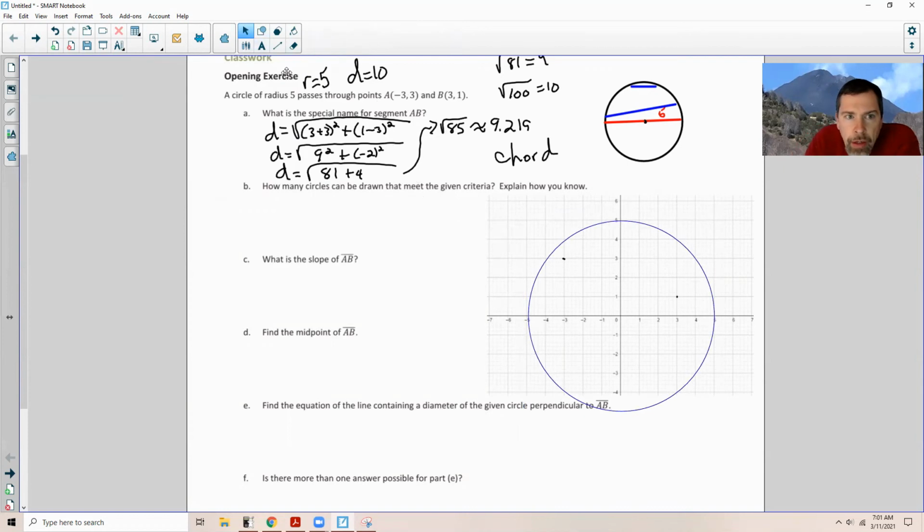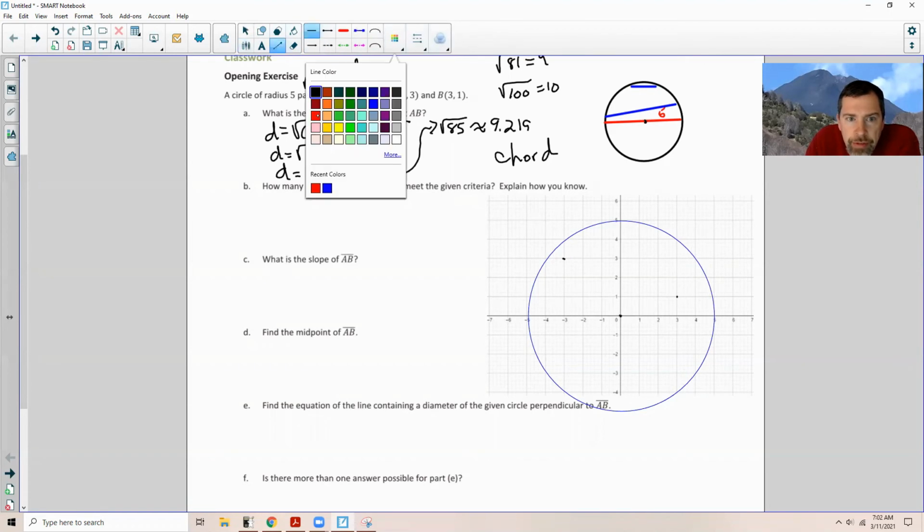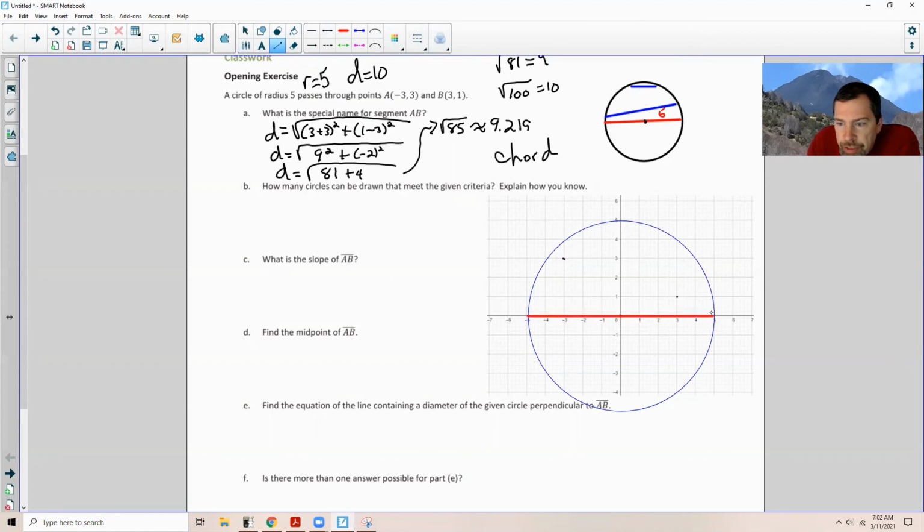Well, if it is going to touch this point and this point, let me draw a radius to that, by the way. So let me put a center. So here's the center of the circle. And then if I draw a radius, let's just go from negative 5 to 5 right here.